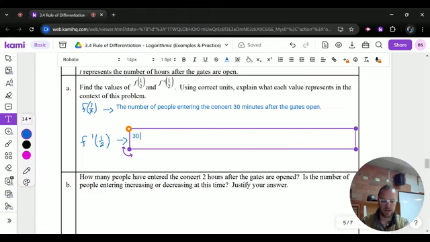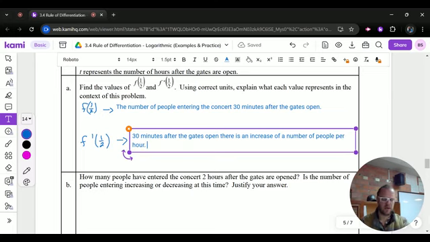So this means that 30 minutes after the gates open, there is an increase of, let's say, a number of people per hour. I realize it's a little bit awkward if we don't have the number, so we'll edit this slightly after we get them.